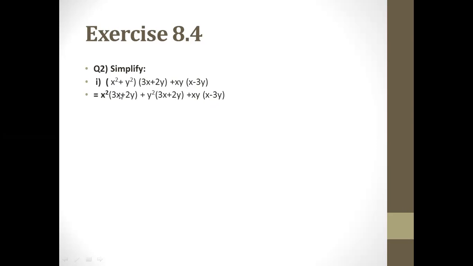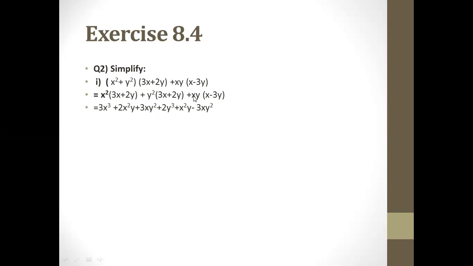Now here, when x square multiplies with 3x, 3 the coefficient we write as it is, x square and x multiply, their powers added, here in the power 1, so power 3, we get 3x cube, and when multiplied with 2, we get 2 x square and y, both are different variables, we write it side by side, x square y. Now here, when y square multiplies with 3x, again different variables, so 3xy square we write as it is, and then plus 2 y square and y same variable, so y power 3.